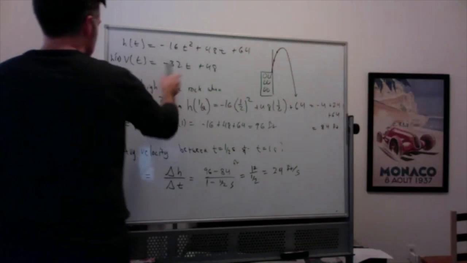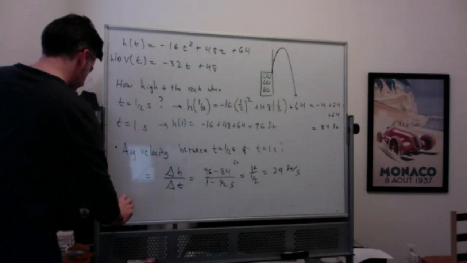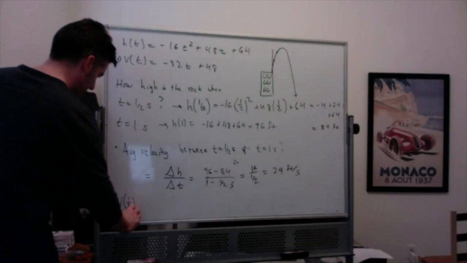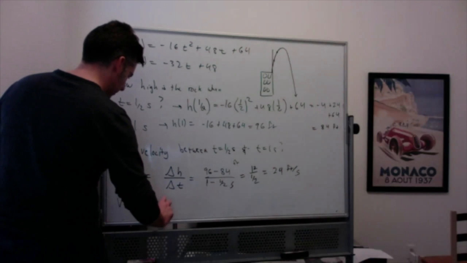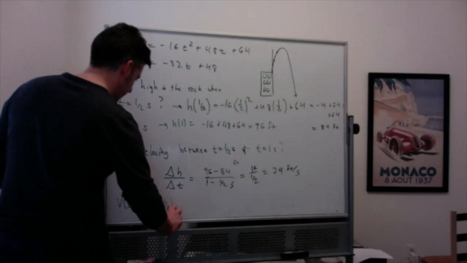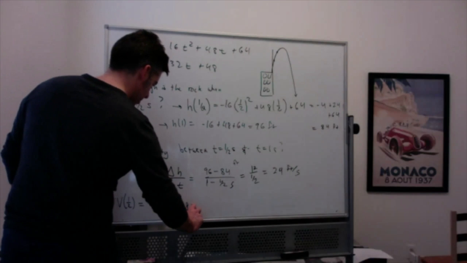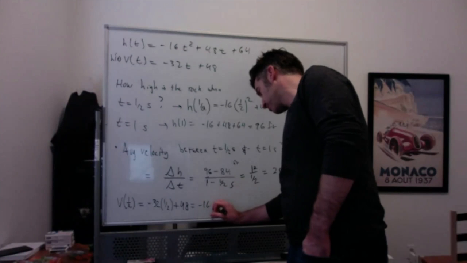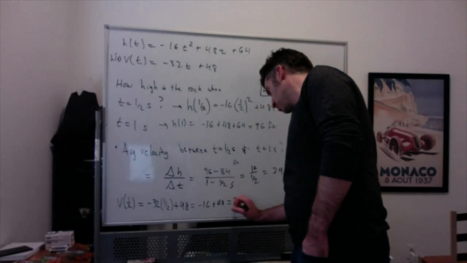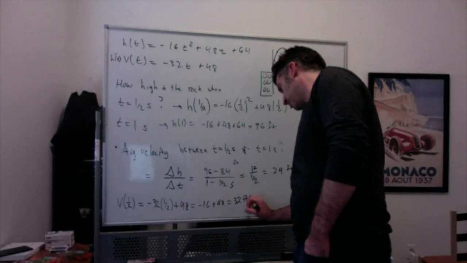We can see using the velocity equation that after half a second has elapsed, we're traveling at a speed of negative 32 times 1/2 plus 48, which is negative 16 plus 48, which is 32 feet per second.